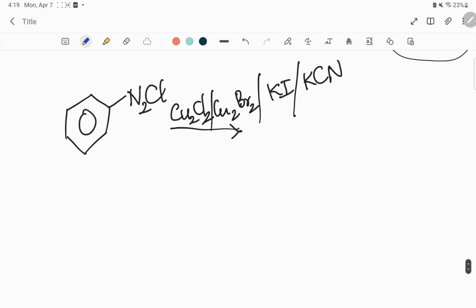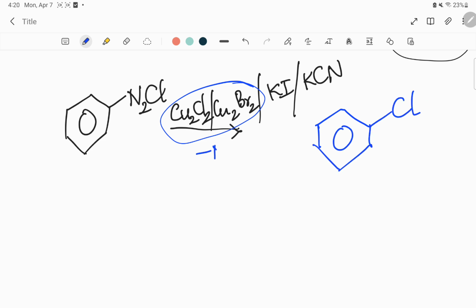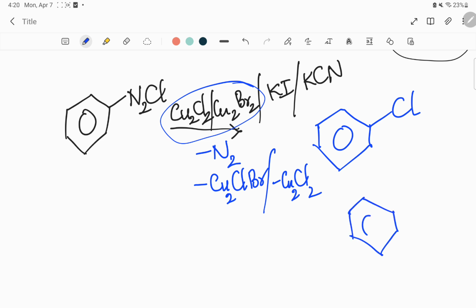When you are adding cuprous halides like Cu2Cl2 and Cu2Br2, the byproduct is nitrogen, and the substituted product will be benzene with chlorine or benzene with bromine. So you will be able to produce chlorobenzene and bromobenzene.